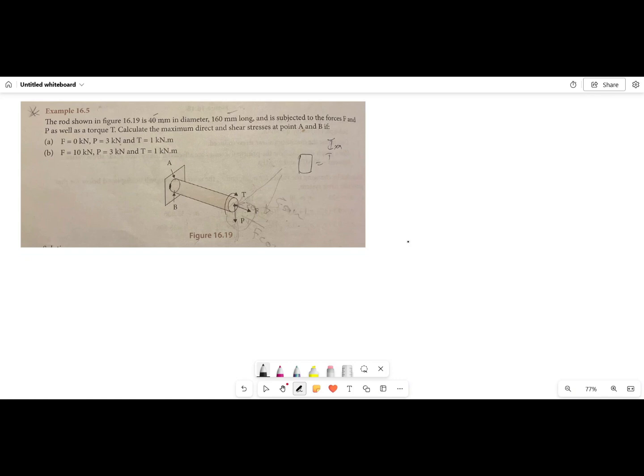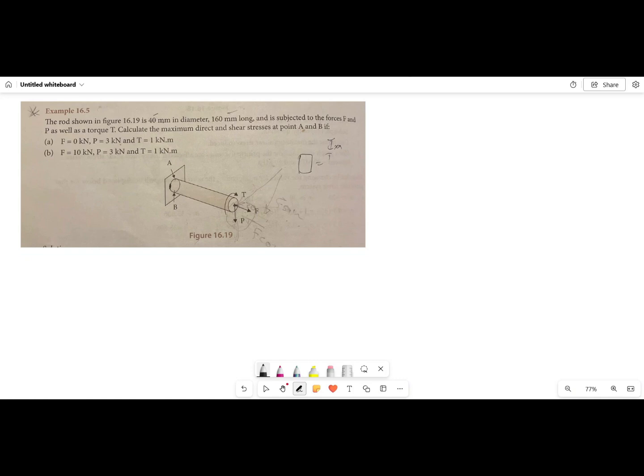A simple example. Everything that you do, let's say you are standing, someone comes and pushes you, you will experience a stress to your body. So that's why they say calculate maximum direct and shear stresses. Now, you have two types of stresses.